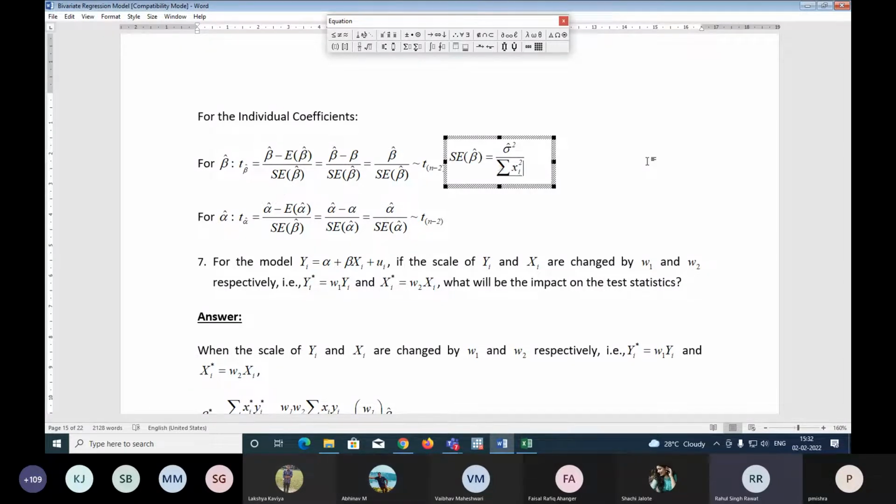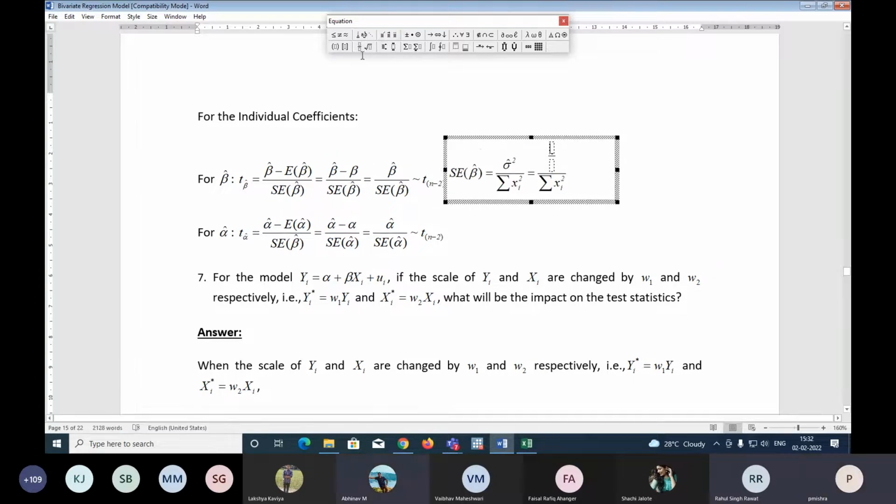Yes, sir. Now this is equal to what? This should be replaced with what? Can you tell me? Summation ui hat square divided by n minus 2. Right.